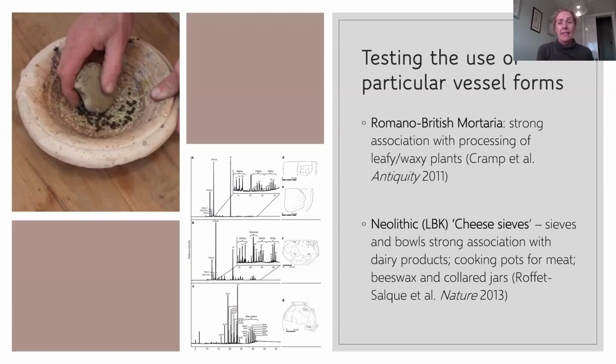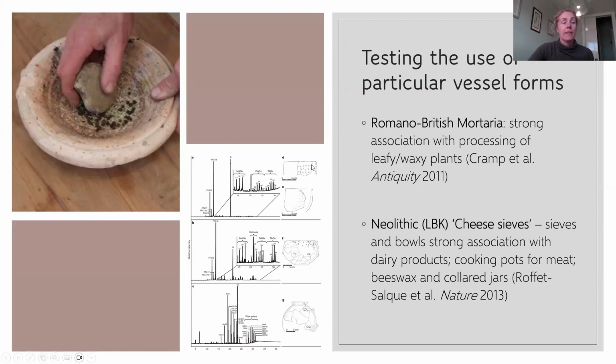And another really nice example from the Neolithic period from LBK Poland is some work by Melanie Roffet-Salque, which was looking at these perforated ceramic so-called sieves, and also other different kinds of forms from the same site, so bowls, cooking pots and collared jars as well. And this showed really clear patterns between the use of these different vessel forms.